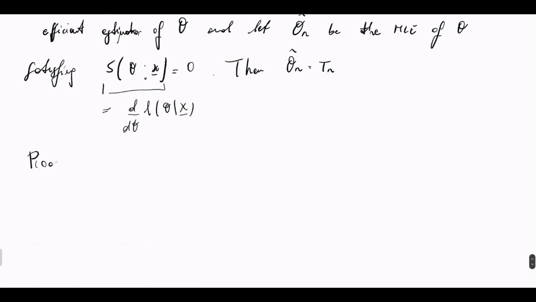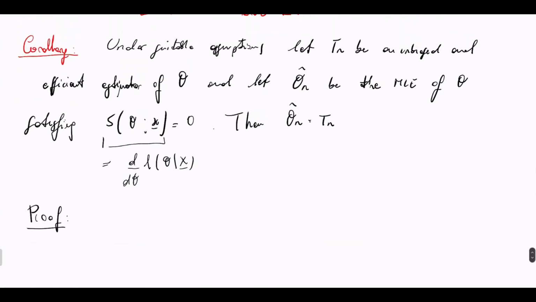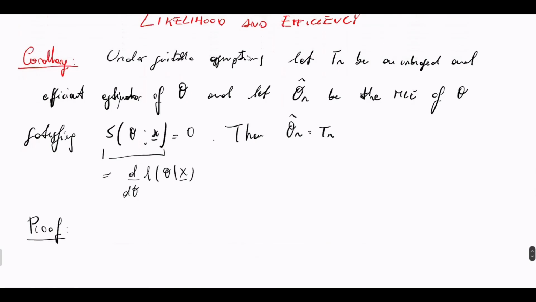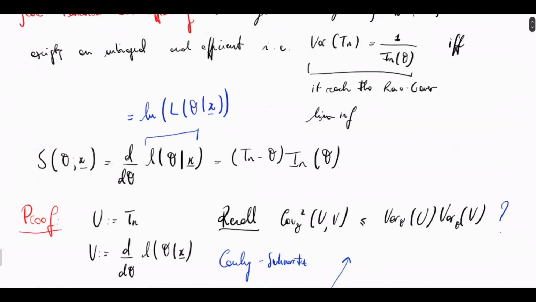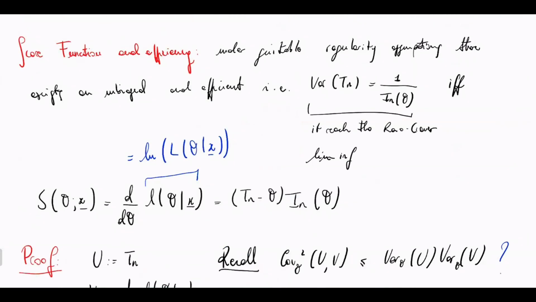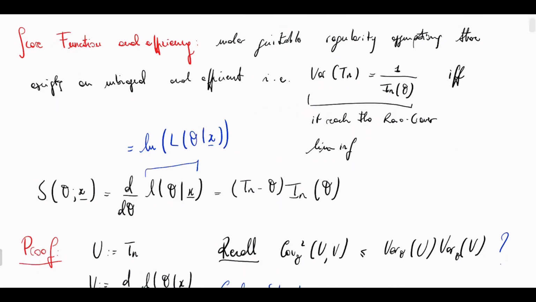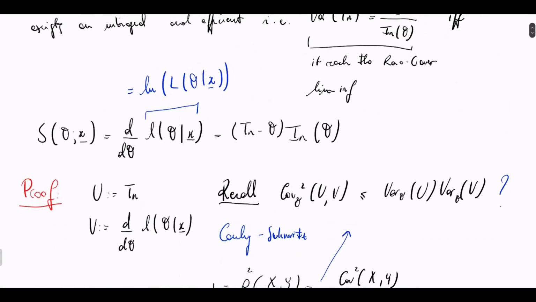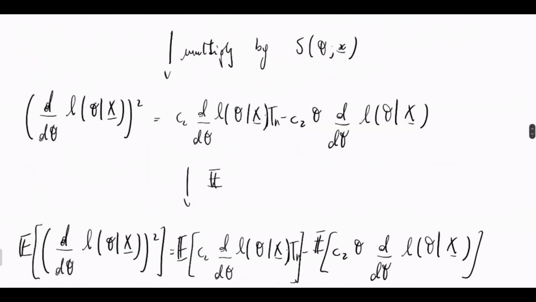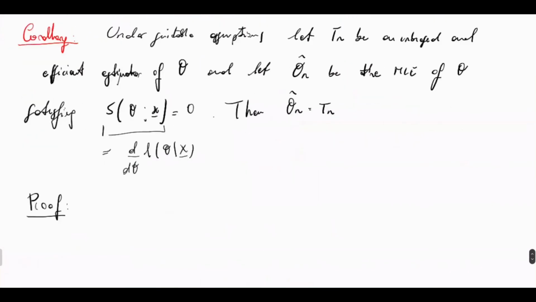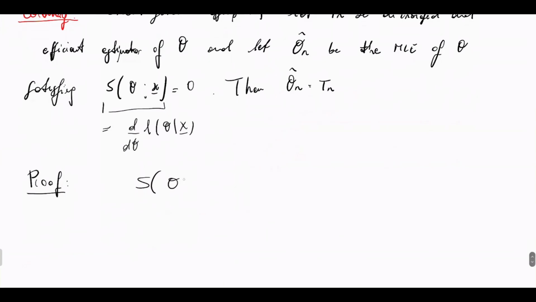So the proof is extremely simple, as once again it follows from the previous theorem. I remind you, we claimed that for an unbiased and efficient estimator Tn of theta, the score function could be written as Tn, the estimator, minus the parameter, times the Fisher information.